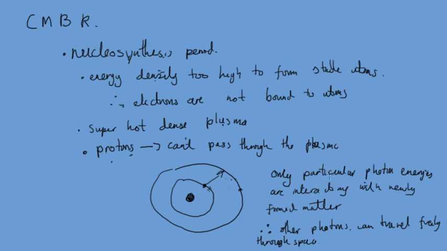But now, as it's cooled down, particular photon energies are interacting with this newly formed matter, and these free photons that haven't got the right amount of energy can't interact with the matter. They can now move freely. They're not getting captured anymore. So we say that the universe is now transparent.